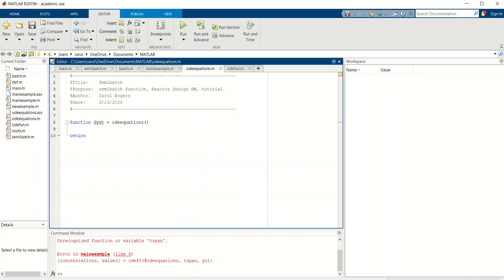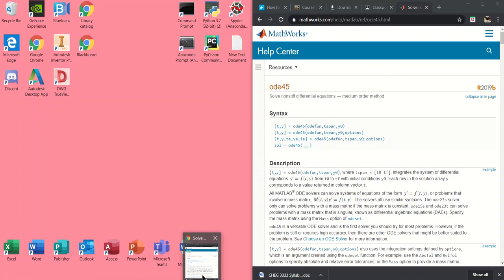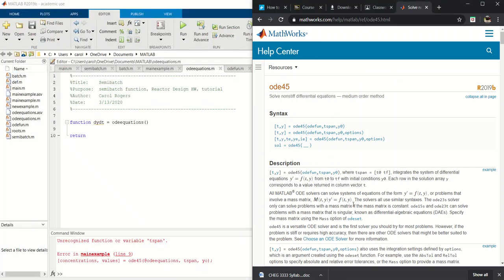I always say you should look at the documentation for anything you work with. Documentation is usually provided for any programming language, any program, any function you work with. There's documentation for it to tell you exactly how to use it correctly.